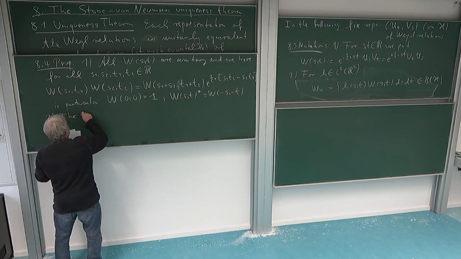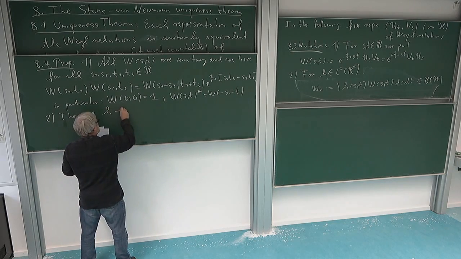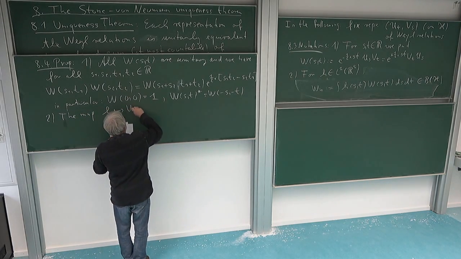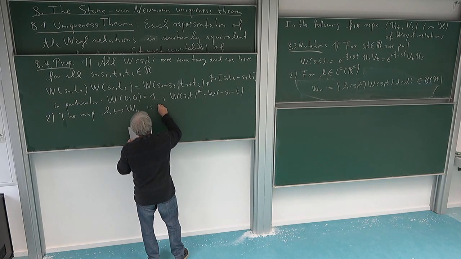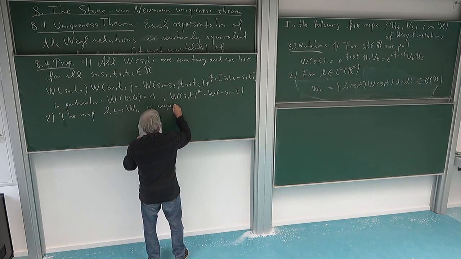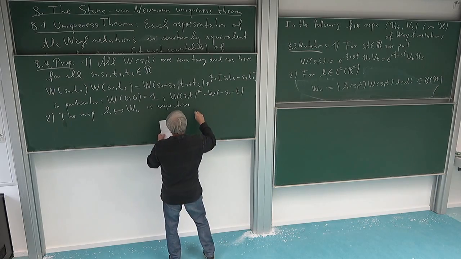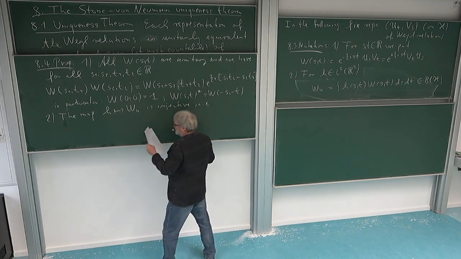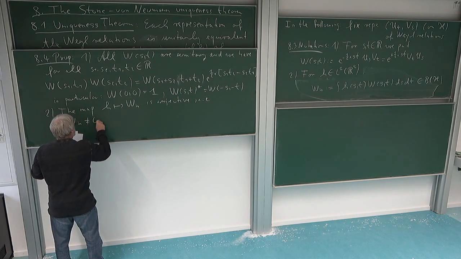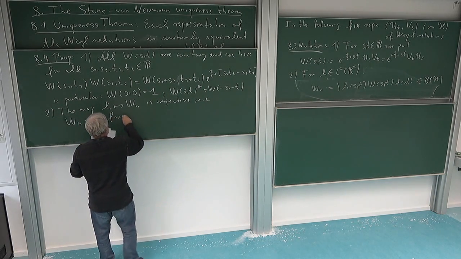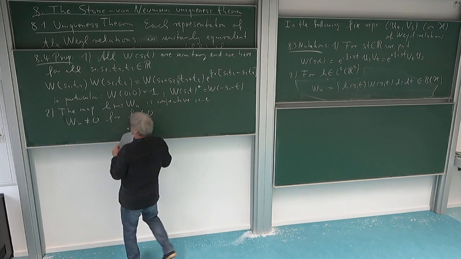So this map which sends h, an L1 function, to W(h), a bounded operator on our Hilbert space, is injective. Which means that W(h) is not the 0 operator if h is not the 0 function.